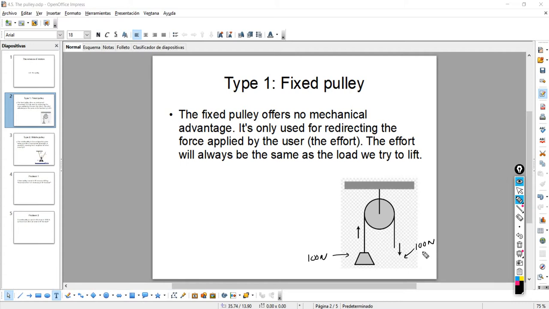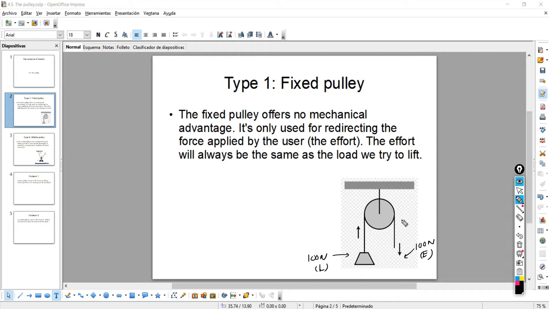So basically the effort, which is this force, is going to have to be the same as the load, which is the weight that you're trying to lift. So this specific pulley, the fixed pulley, doesn't offer mechanical advantage like the other machines, right? If you remember, the lever, the inclined plane, and the wheel and axle all provide some sort of mechanical advantage, depending on the configuration.